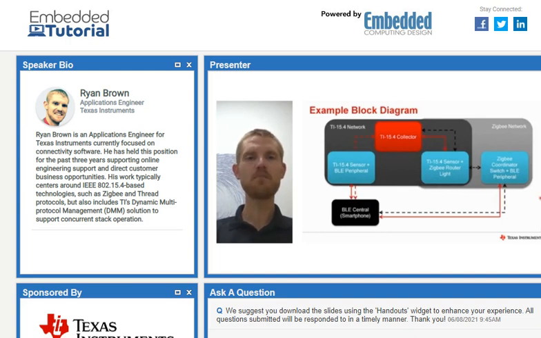So here's an example block diagram of what can be achieved when you are enabling DMM for your products. On the left, we have in the darker gray box a TI 15.4 network. And on the right side, we have in the lighter gray box a Zigbee network. These networks are able to communicate through a shared Zigbee coordinator switch on the right side and a Zigbee router on the left side.